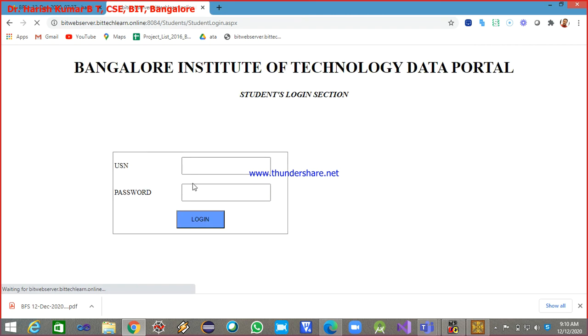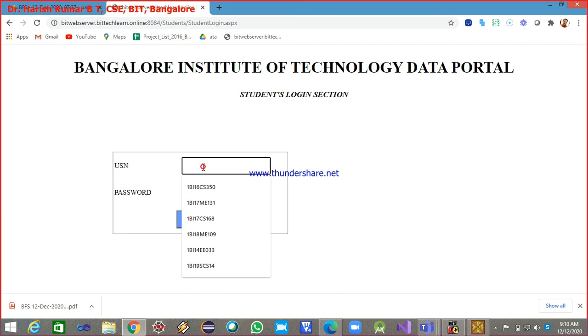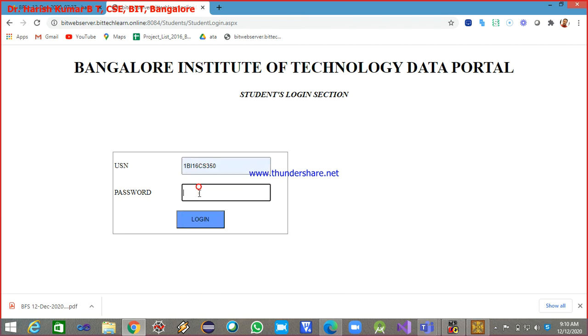So it is updated. You can check attendance status also, and soon you can also download your fee receipts from here. If you have already paid the fee, you can download the receipts for the fee payment you have made.